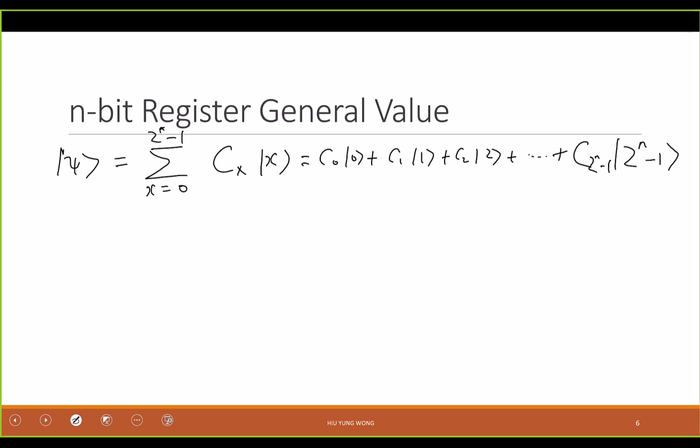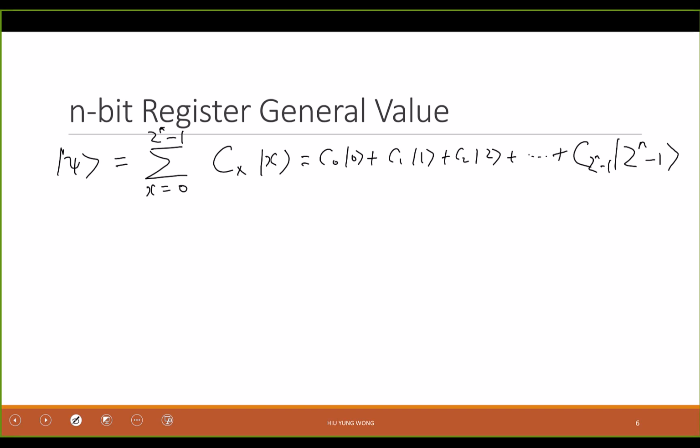Okay. So remember in the first class, I said if you have 300 qubits, how many coefficients do you have? 2 to the power 300, right? Because you have 2 to the power 300 states. So that's why quantum computing is so powerful.